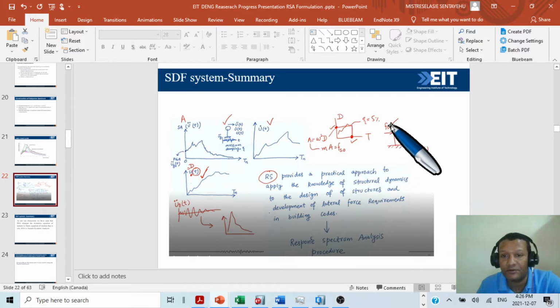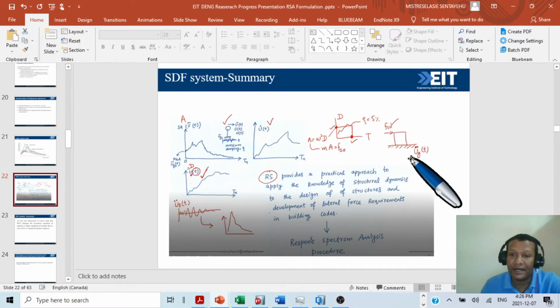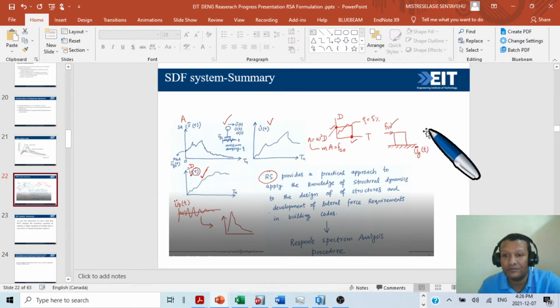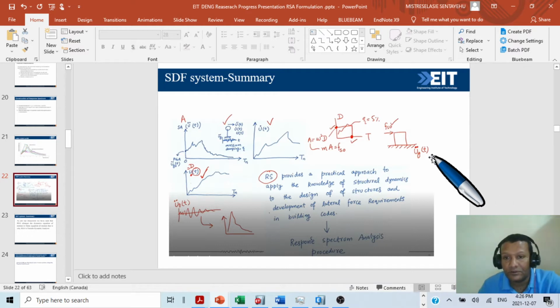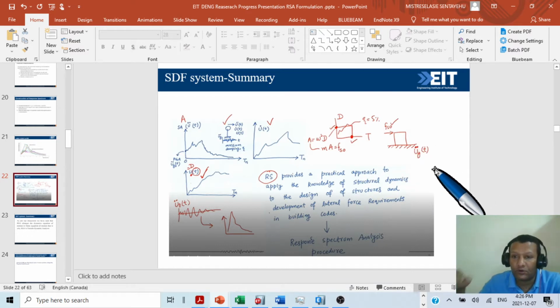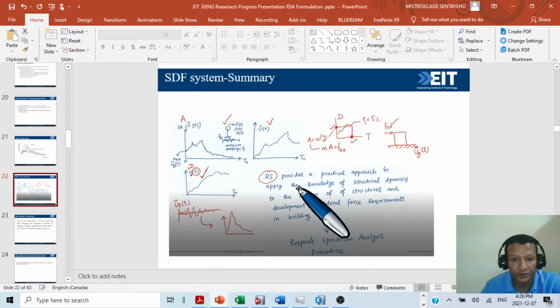Then we apply this equivalent lateral force as if our building is fixed at the support. Then we proceed with the ELF procedure to find the distribution of forces and shear forces, and the application of center of mass and rigidity, everything as per the code. So RS provides a practical approach to apply the knowledge of structural dynamics to the design of structures and the development of lateral force requirements in the building codes.